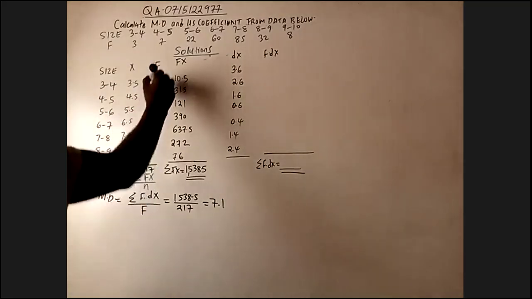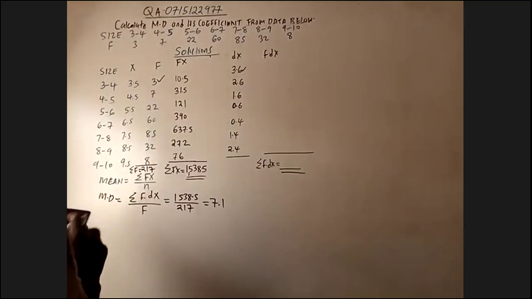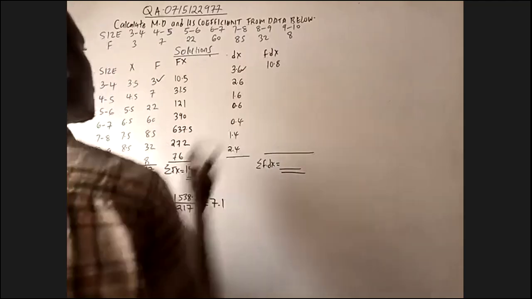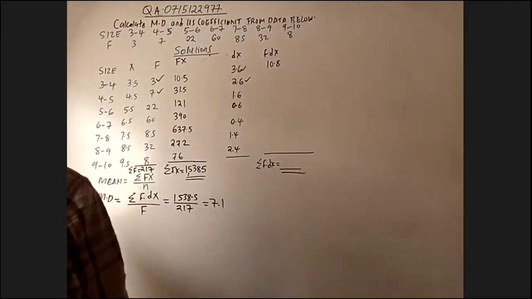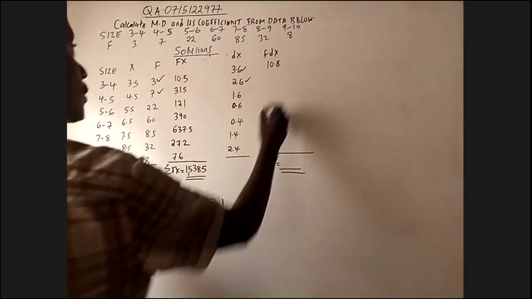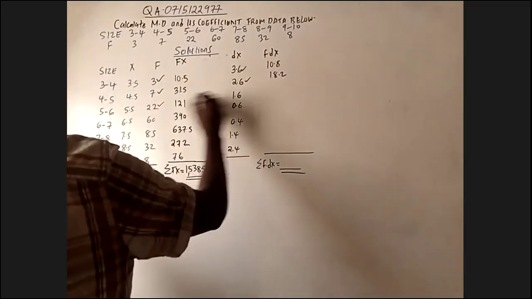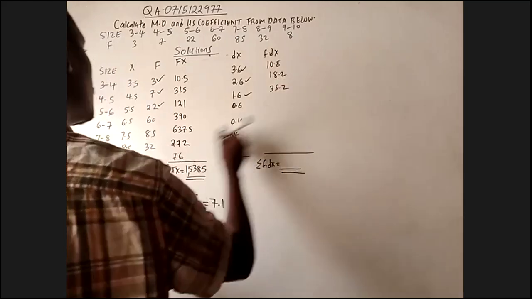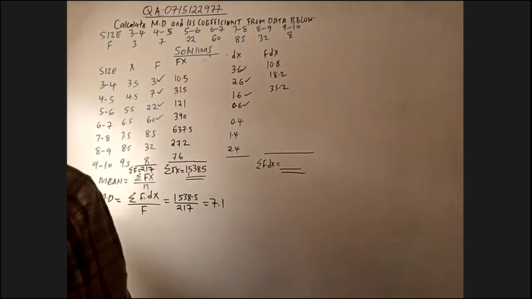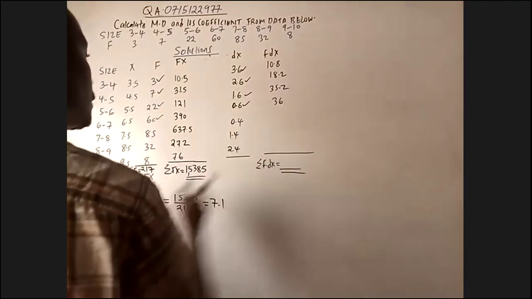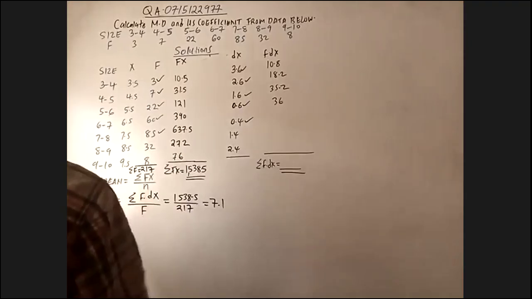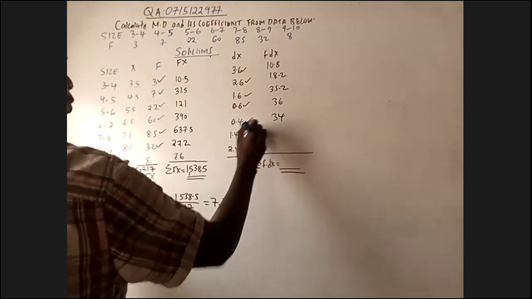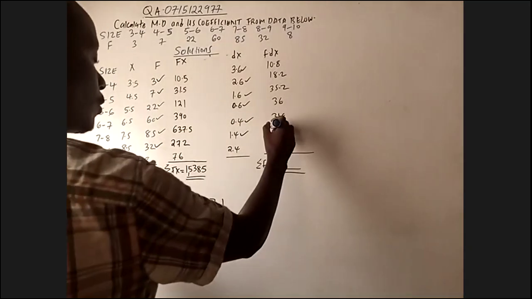Now let's go to frequency. 3 times 3.6 is 10.8. 7 times 2.6 is 18.2. 22 times 1.6 is 35.2. 60 times 0.6 is 36. 85 times 0.4 is 34. 32 times 1.4 is 44.8.